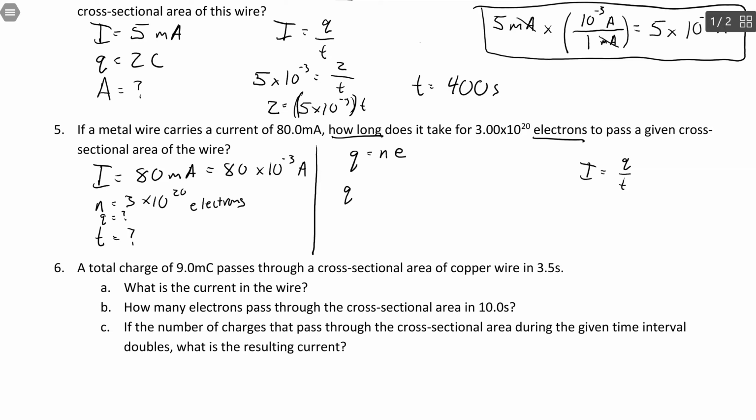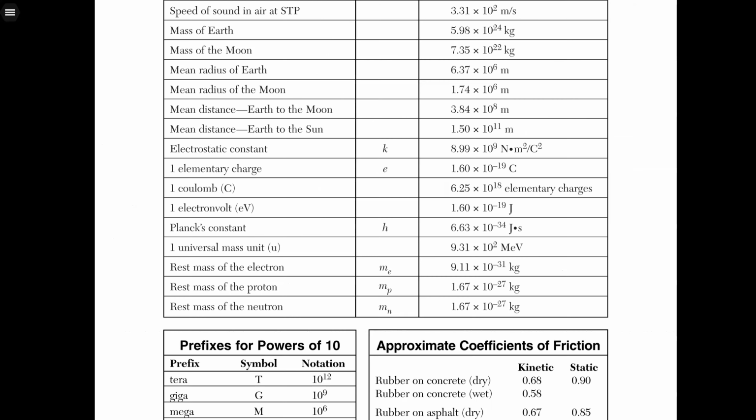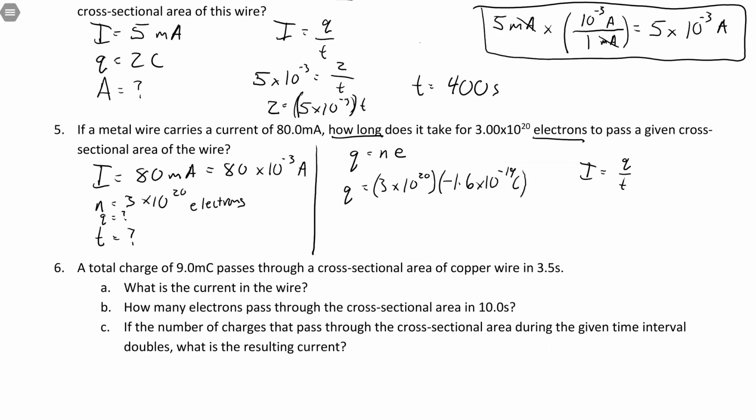So the total charge is going to be equal to the number of electrons, there's a lot of them, 3 times 10 to the 20 electrons times the charge for 1 electron, which is still negative 1.6 times 10 to the negative 19 coulombs. That's the charge for 1 electron. So you multiply those two numbers, and that'll tell you the total charge. In this case, it's 48 coulombs, or negative 48 coulombs of charge.